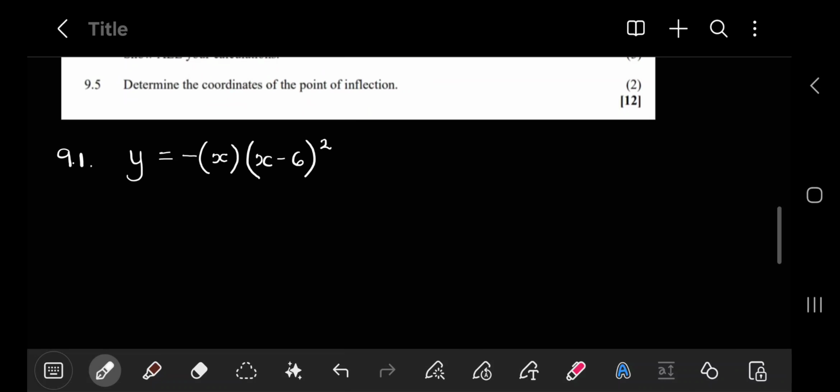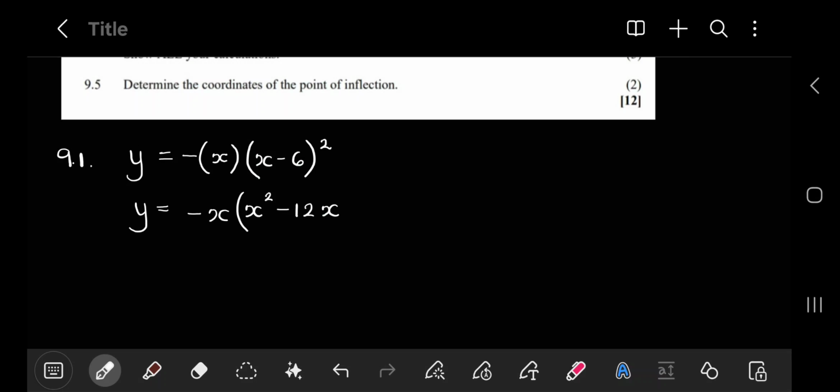Now let's simplify this. All we have to do here is multiply this out. I'm going to write this as negative x, and I've got x minus 6 all squared. We've got a binomial squared. It is going to result in a trinomial. To get the first term, we square the first term. To get the middle term, we multiply both terms together and times by 2.